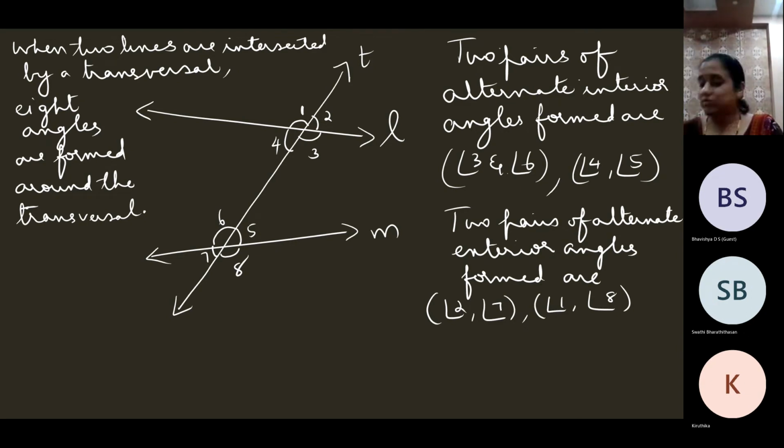Very good. Write down, children. Write down what is new on the screen. Don't write everything that you see on the screen. Write what is new on the screen. So alternate angles, we are talking about a pair of angles, not one angle.